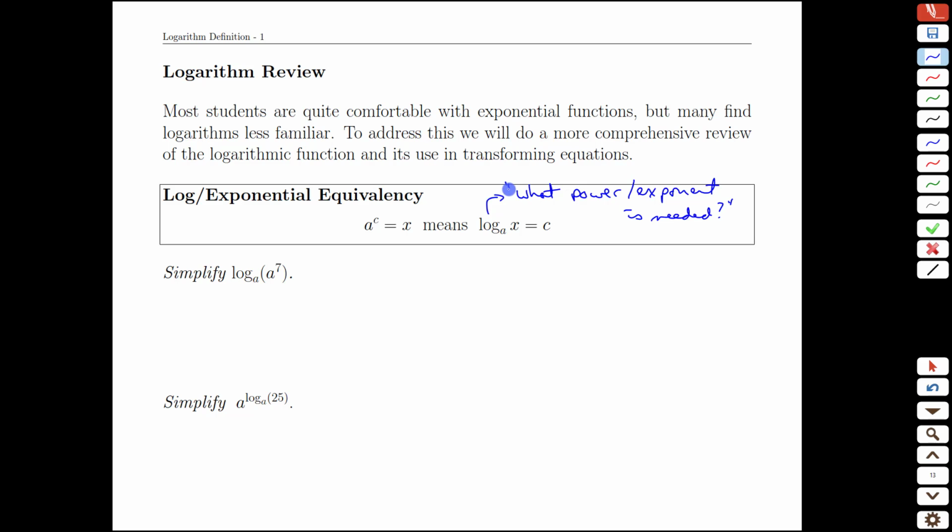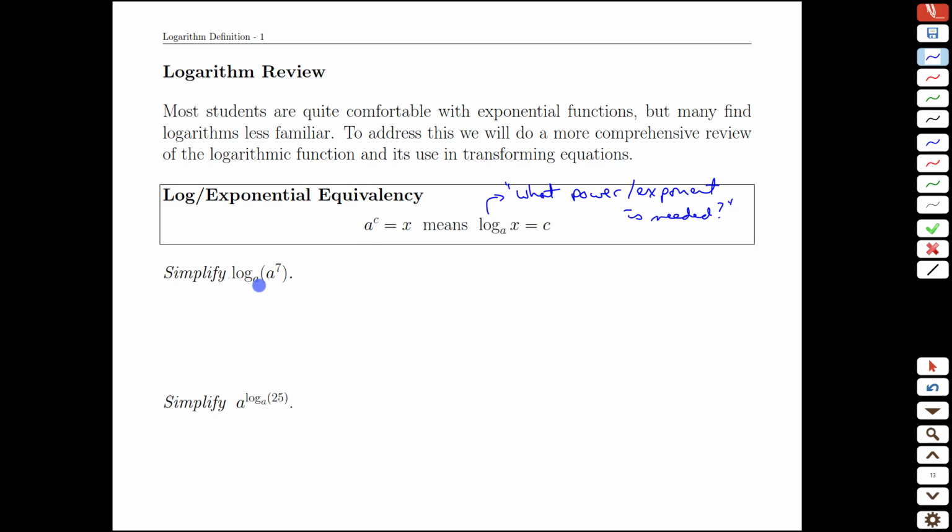That's the way some people think of the logarithm. What power of a do we need to get x? Well, the answer to that is c. What power of a do we need to get x is also c in this way of writing it out as well. Whichever way you want to think about that, these two forms are equivalent relationships between the three players, a, x, and c, the base, the exponent, and the value.